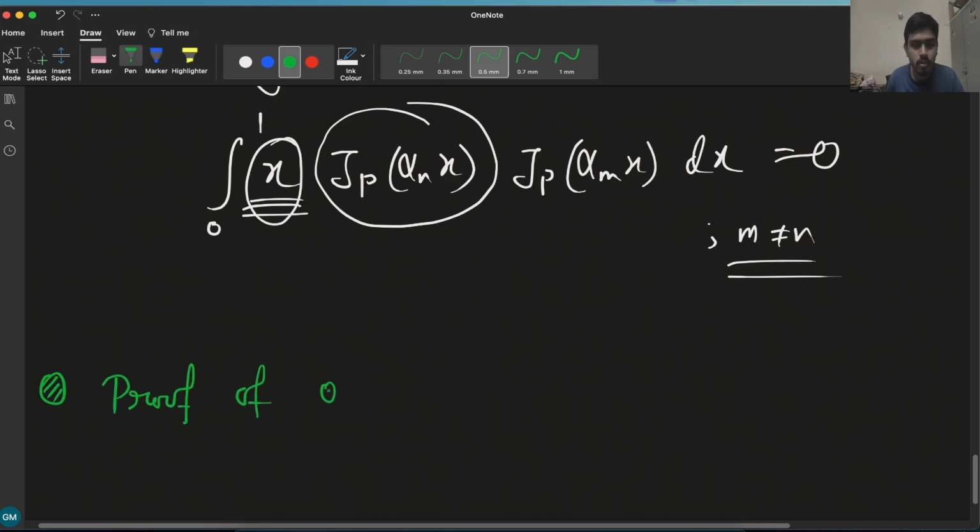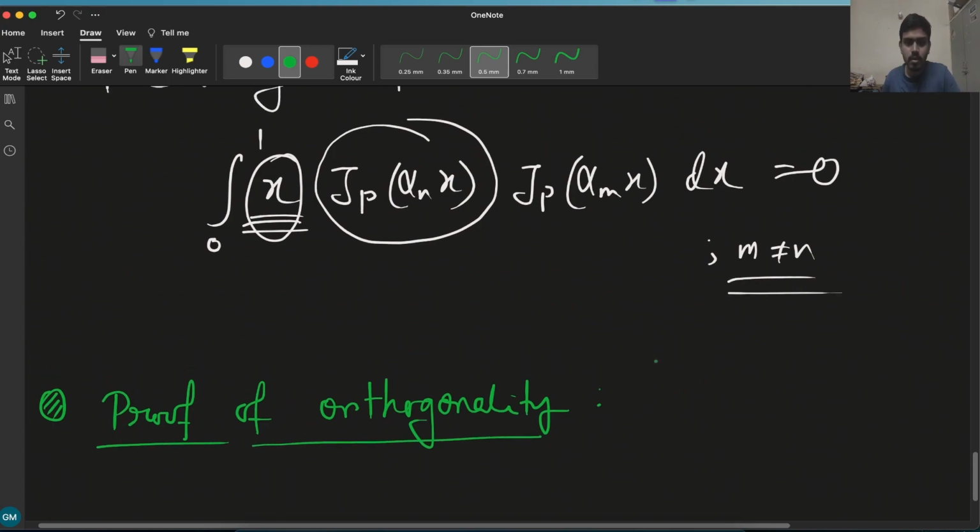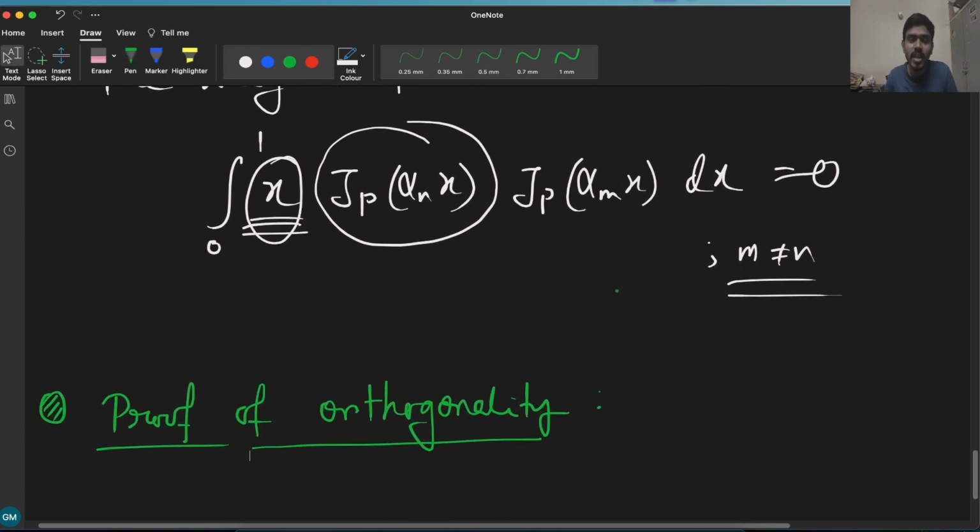Proof of orthogonality. And here this orthogonality doesn't mean that if we take two different Jp(x) for two different values of p, the Bessel functions will be orthogonal. That's not what it means.